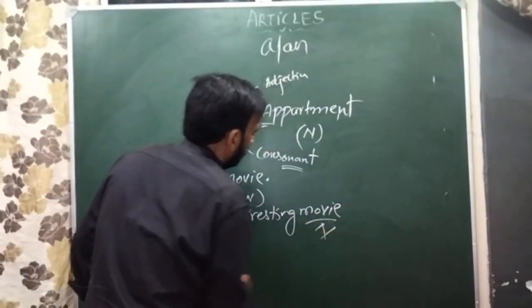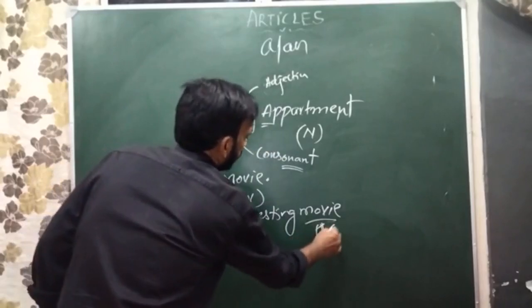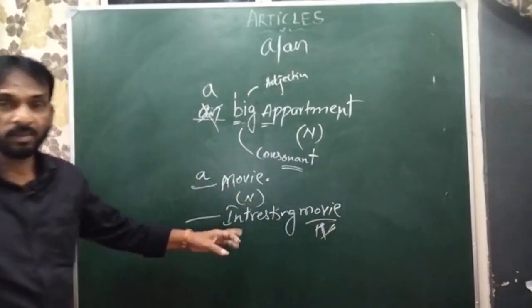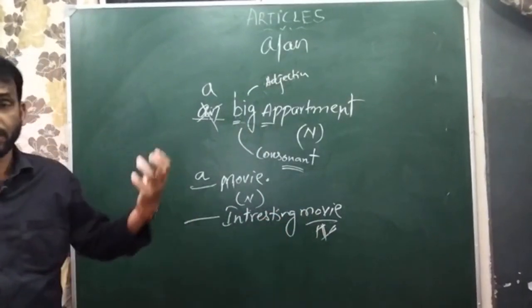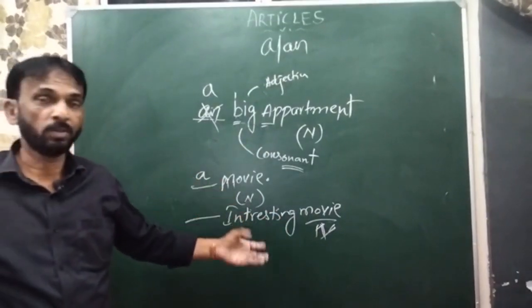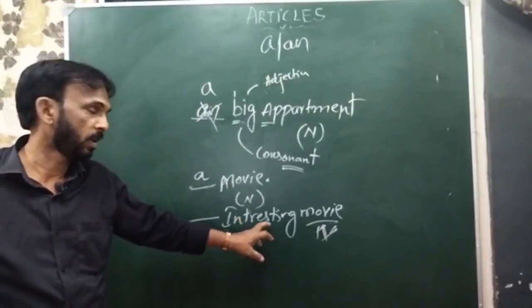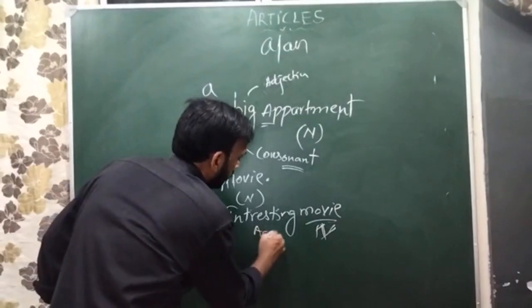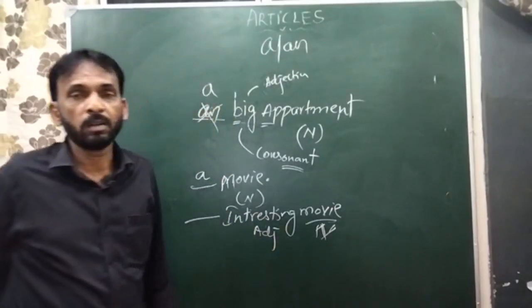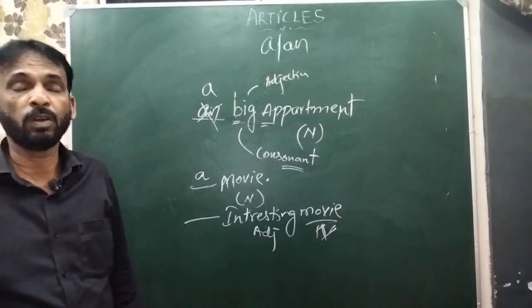This is a noun. And what about this? This is interesting. It's describing the noun movie. So a word which describes a noun is called an adjective. Okay, adjective. So interesting is an adjective. And according to the rule, which letter we have to follow?